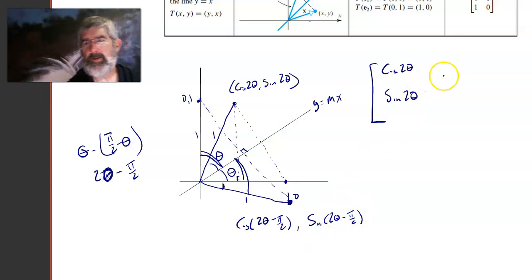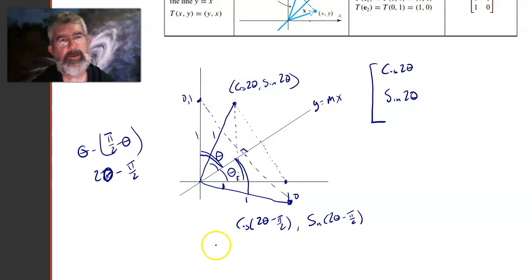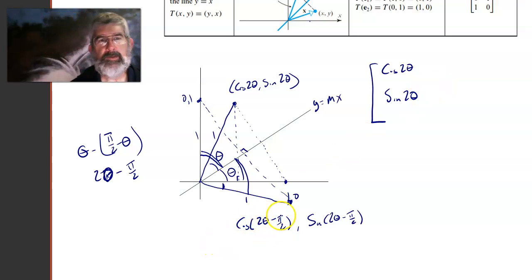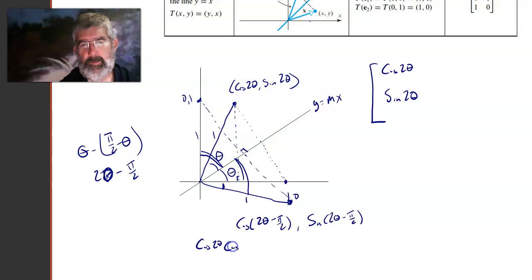I could just write those as my column here, but it turns out that these simplify because pi over 2 is a nice angle. Using an identity, cosine of a difference, this is the cosine of 2 theta cosine of pi over 2 plus the sine of 2 theta sine of pi over 2.